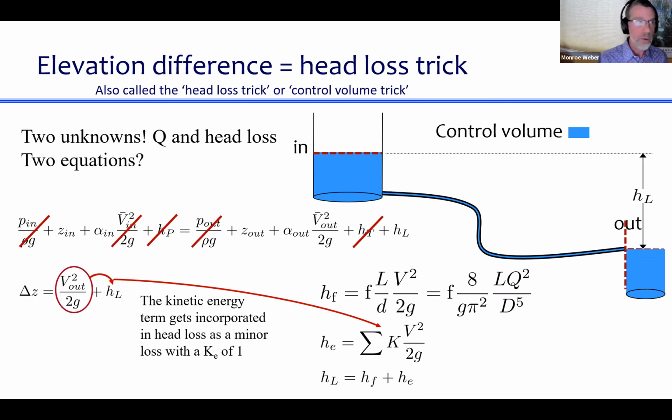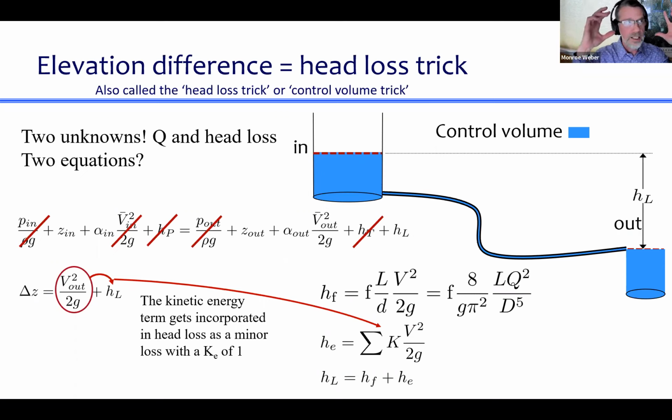So what we do when we flip the control surface from here to here is we've moved that V out into a K. That change in velocity, that loss of kinetic energy, becomes inside our control volume, because our control volume exit has 0 velocity.